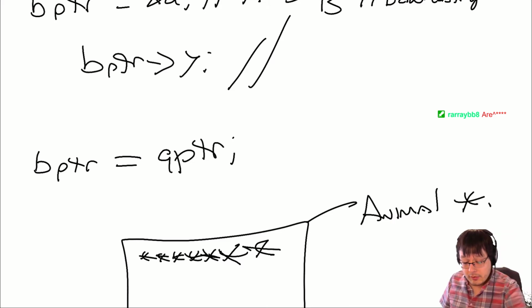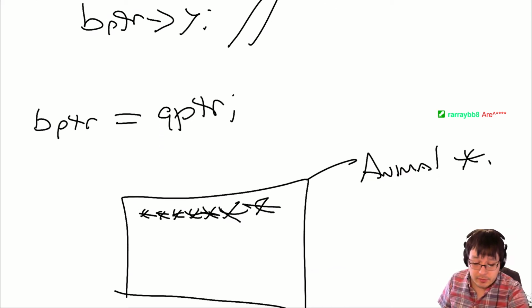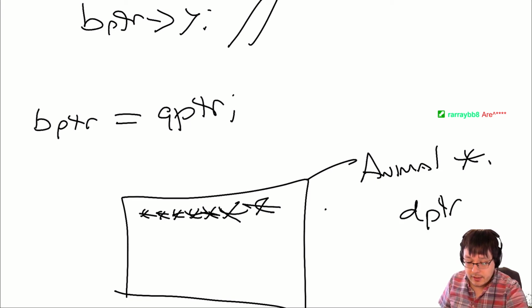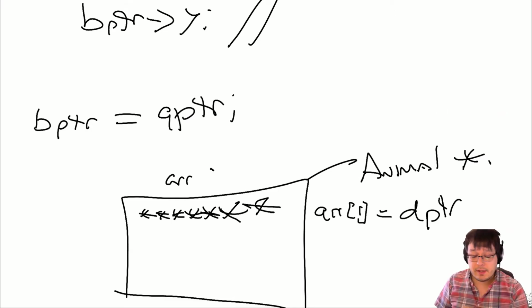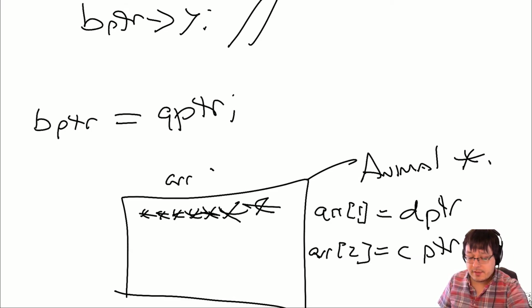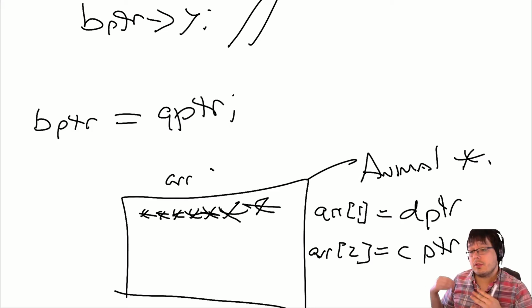So if I want to store a dog in there, suppose that D is a dog pointer, and this array is called R. Then I can just say R1 gets dptr. And let's say that the cat pointer is in cptr. Then I can say R2 gets cptr. And I can store both dogs and cats inside of my little animal array without a problem.